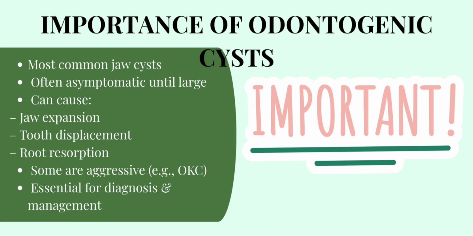Some cysts like the OKC are known for their aggressive behavior and high recurrence, which makes accurate diagnosis essential. Knowing the basics of these cysts helps clinicians detect them early, manage them properly, and prevent complications. That's why understanding odontogenic cysts is a core part of oral pathology.